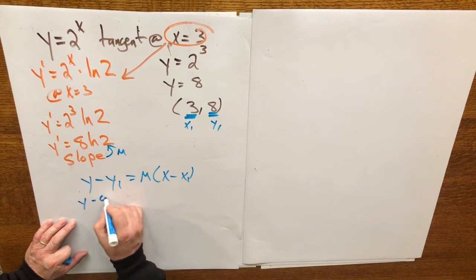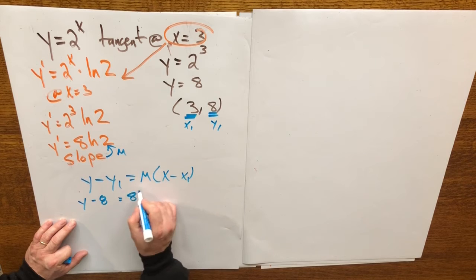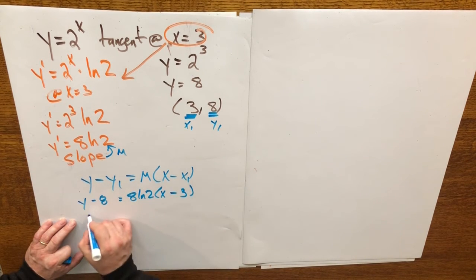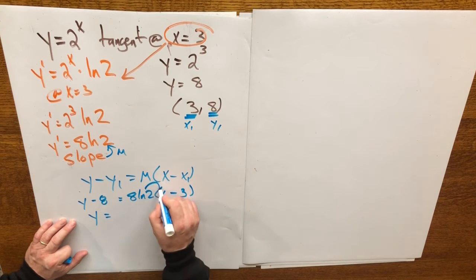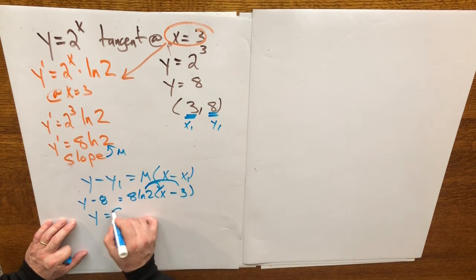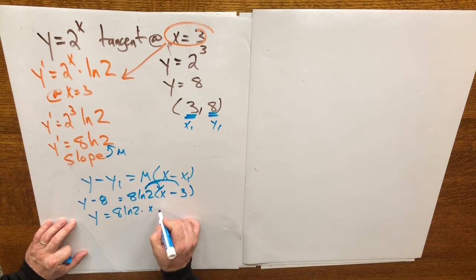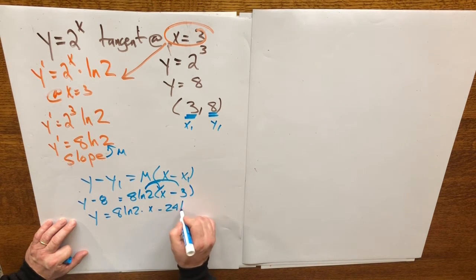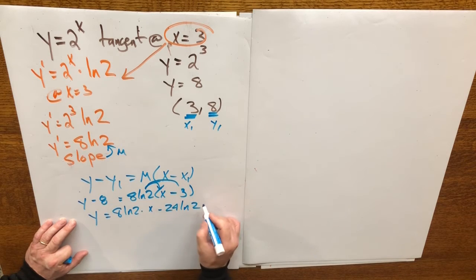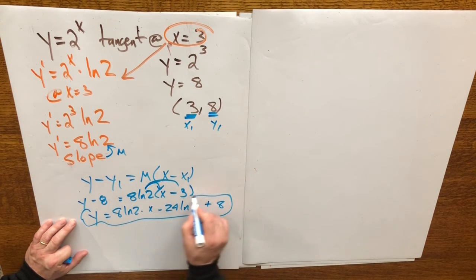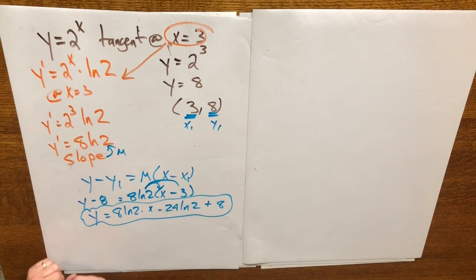So y minus 8 equals 8 ln 2 times x minus 3. So y equals, distributing that in, 8 ln 2 times x minus 24 ln 2, and I'll transpose the minus 8 and make it a plus 8. There's the equation of the tangent line.